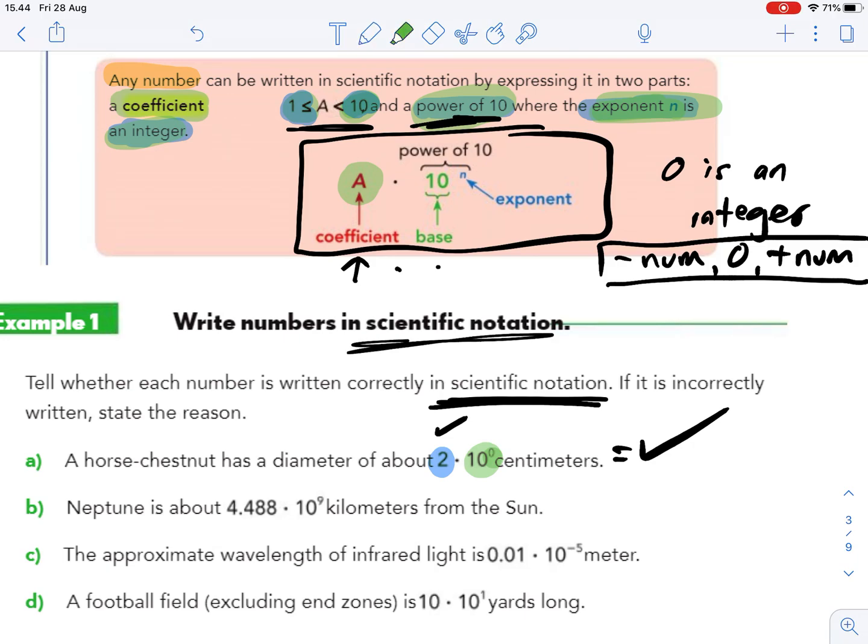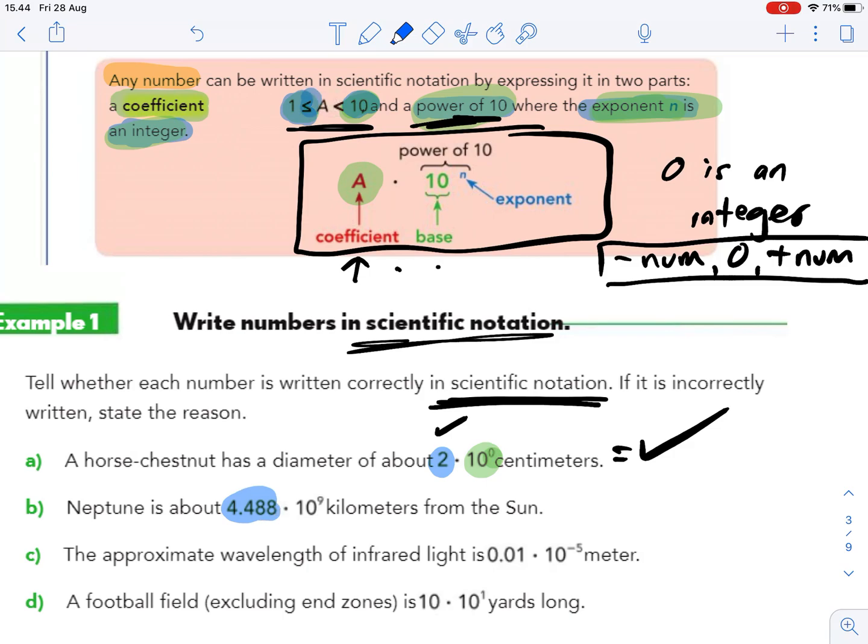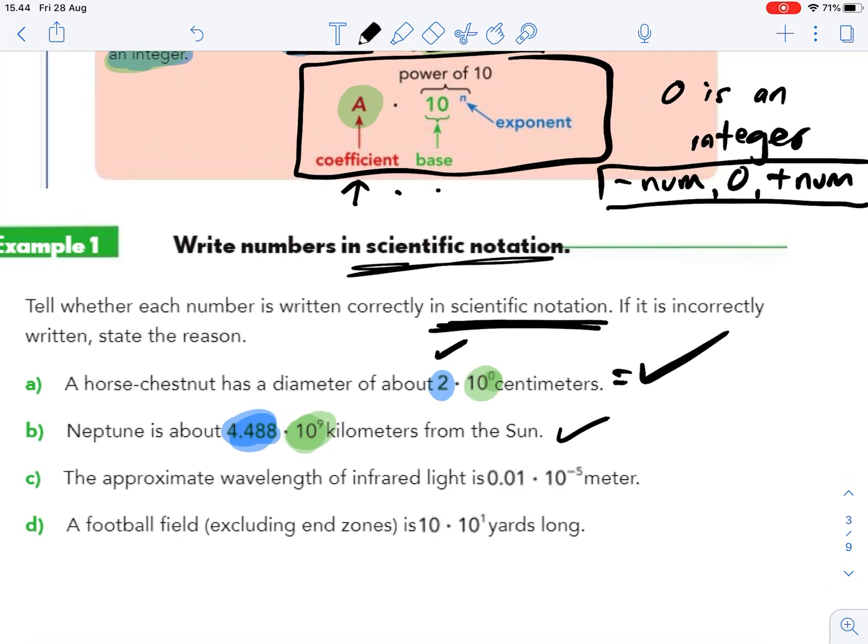Is this written in scientific notation? Let's check the coefficient. Is that between 1 and 10? It is. That number is between 1 and 10. Is it being multiplied by a power of 10? Yes, 10 is the base. 9 is the integer exponent. Good. So yes, this is also written in scientific notation.